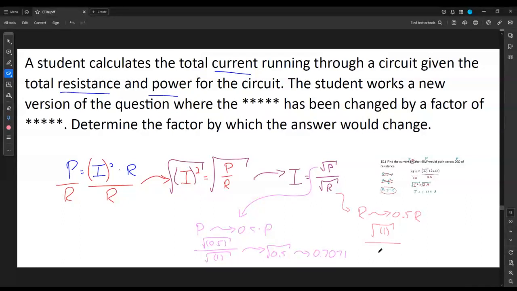Where we have to be careful is on the bottom, we've got 0.5 or whatever your factor is, and then square root of that. So the 1 up top is going to simplify down to just a nice clean 1. On the bottom, we're going to end up with the square root of that factor. So you're looking for the reciprocal of the square root of the factor.